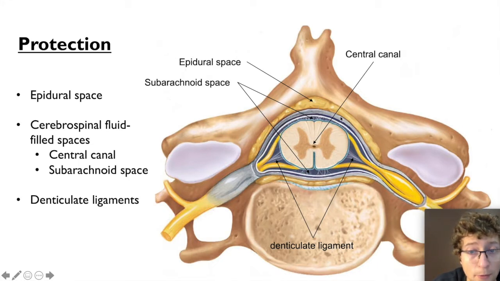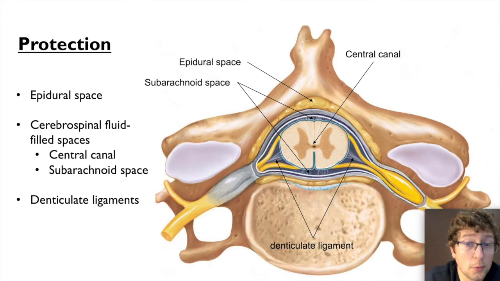So we have this epidural space which is surrounding the vertebrae and providing cushion. It's surrounding the spinal cord and providing cushion for the spinal cord so it's not bumping directly up against the bony vertebrae.